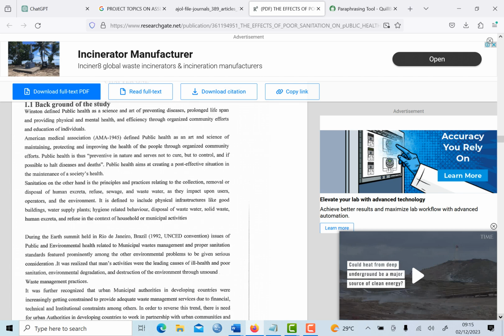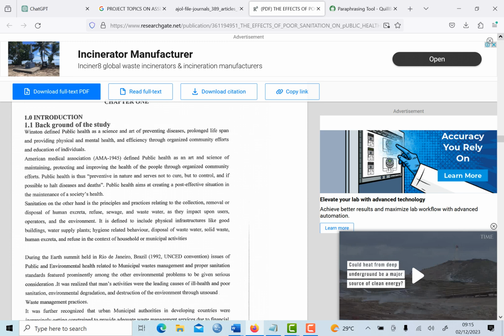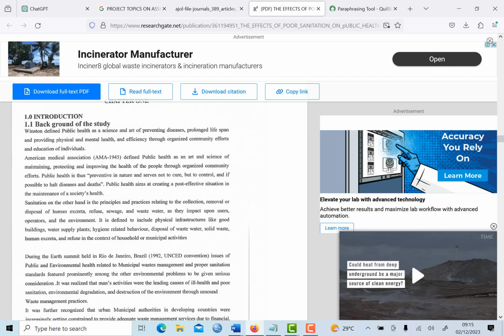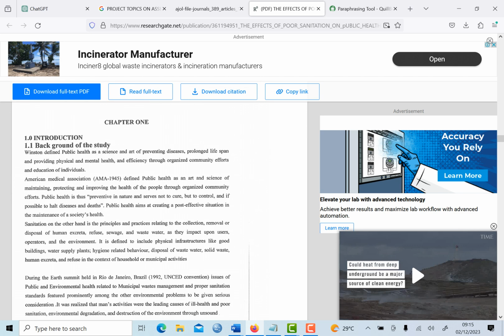You copy. Project is all about copying and pasting. But to fight plagiarism, there are tools that you can use to rephrase what you have copied. You understand?